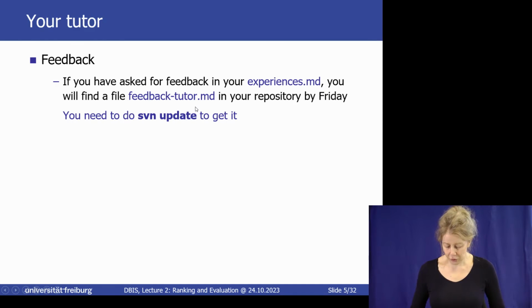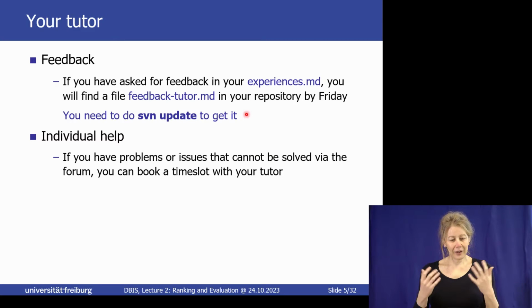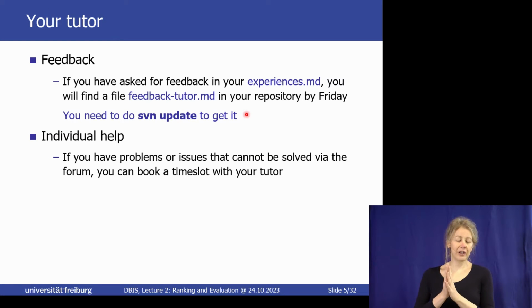Actually, I'm not sure. I think some tutors, or maybe we will ask our tutors to just write you an email or something. Did we do that in the past, Sebastian? Maybe that's a good idea, right? That you get a message, your feedback is there, and then you know to do SVN update, and I get it. We introduced this, I think, 2 years ago.